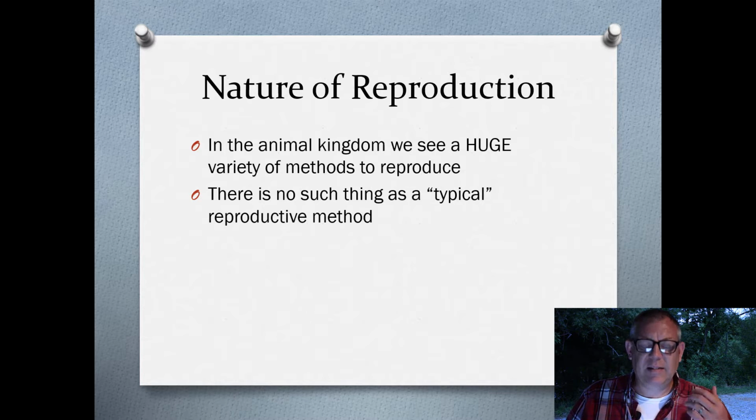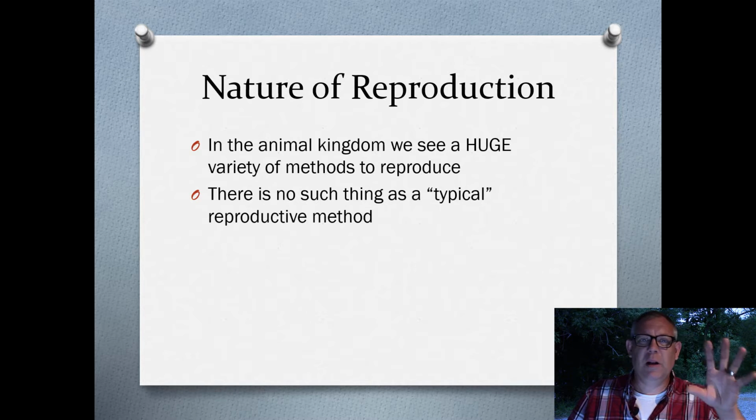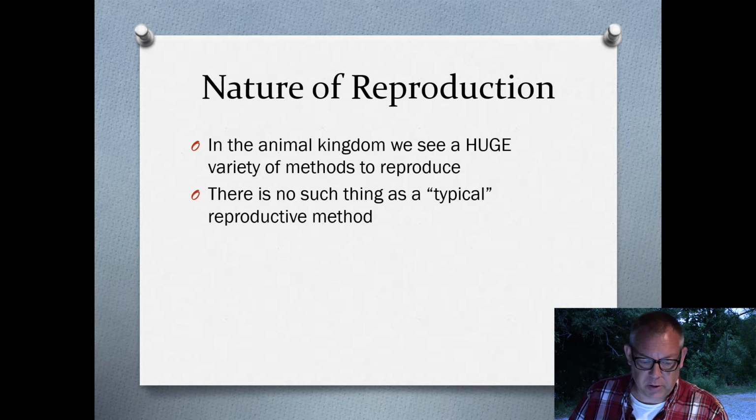There's no such thing as a typical reproductive method. We tend to judge things by our own species, and we tend to compare everything to how we do it as human beings, but there's just no typical way. I always say, if you can imagine it, some organism somewhere does it, and it's certainly true with the reproductive process.